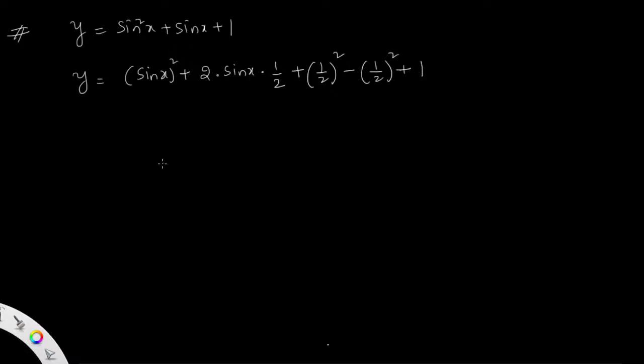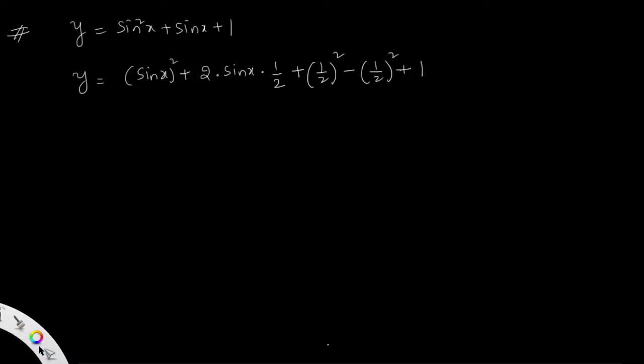Okay. So we make the given function into a perfect square. First take sin x whole square plus 2 into sin x, but we need to write only sin x, so multiply by 1 by 2. This is a newly added term, that is why we add and subtract the same b square term, b being 1 by 2, and keep plus 1 as it is.